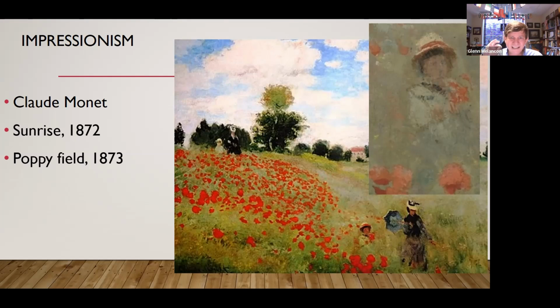There's no real attempt at a mechanical or objective representation of this little girl. That doesn't matter anymore. Monet clearly had the skill to do those things, but he chose to put them aside because that wasn't important to him. It was this interaction between the light and the human eye and the presentation of color.